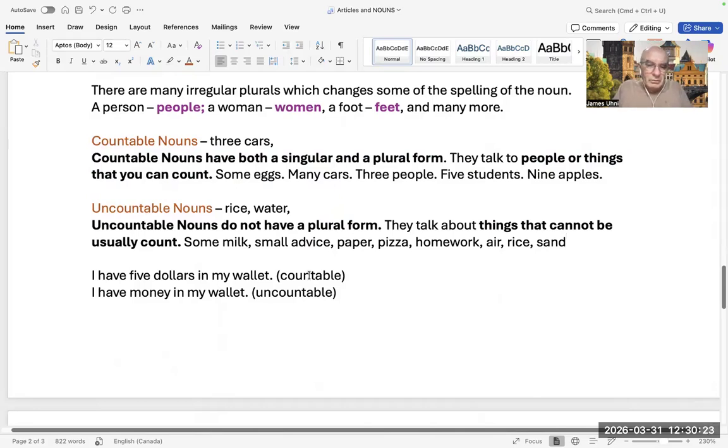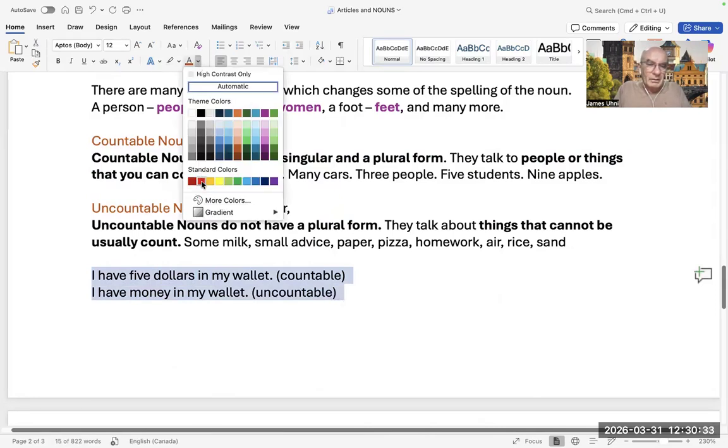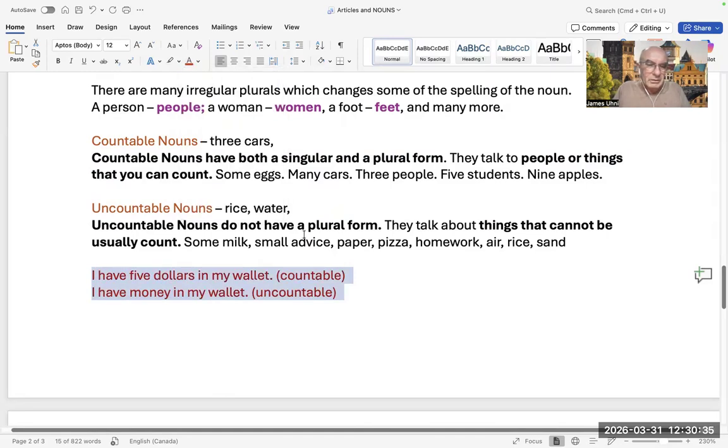So there is a huge exception, and watch for that one. I will make it in red color, and the purpose is very simple. I have $5 in my wallet. I can count the money. I can say I have 5 coins, right?